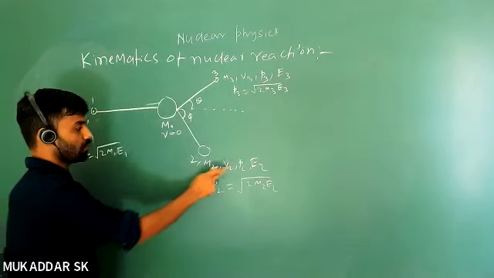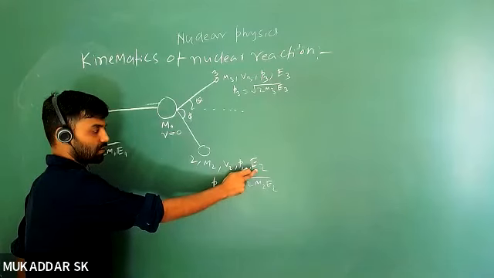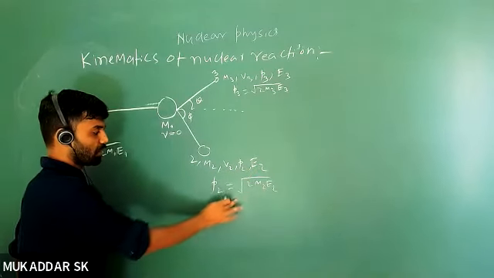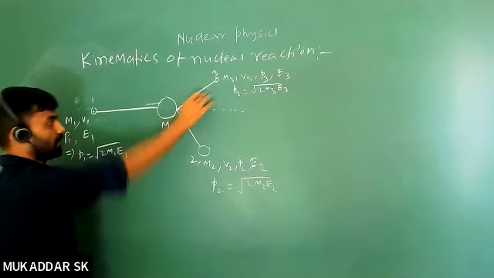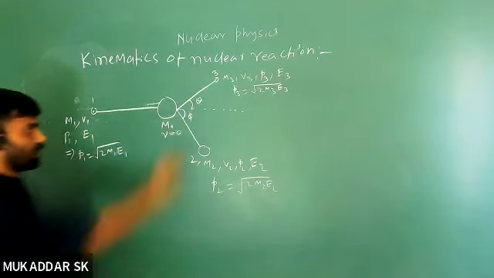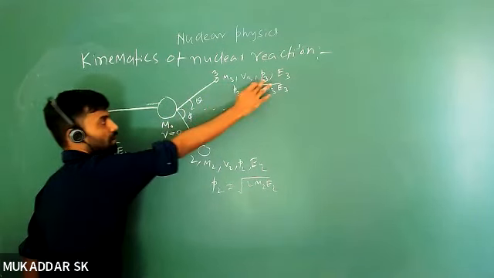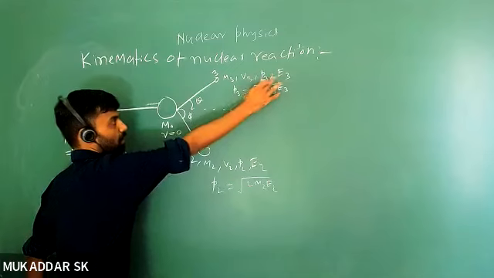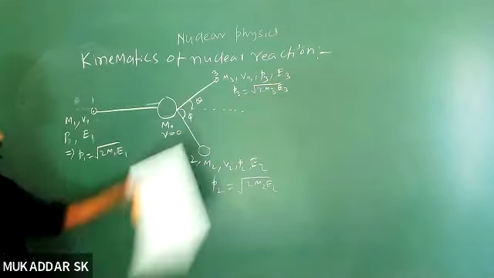Its mass is m2, velocity is v2, linear momentum is p2, kinetic energy is E2. So p2 equals to root over 2 m2 E2. And there is emission of another particle at angle theta. That particle is 3, mass is m3, velocity is v3, linear momentum p3, kinetic energy E3. So p3 equals to root over twice m3 E3.